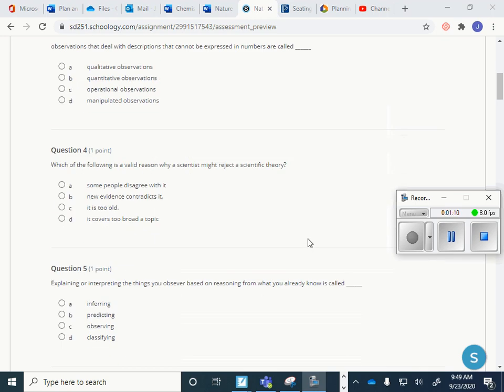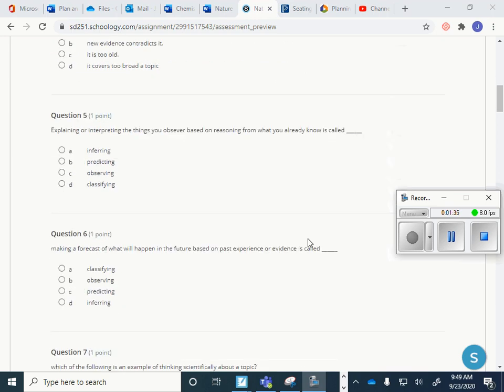Question 4. Which of the following is a valid reason why a scientist might reject a scientific theory? Either A, some people disagree with it, B, new evidence contradicts it, C, it is too old, or D, it covers too broad a topic.